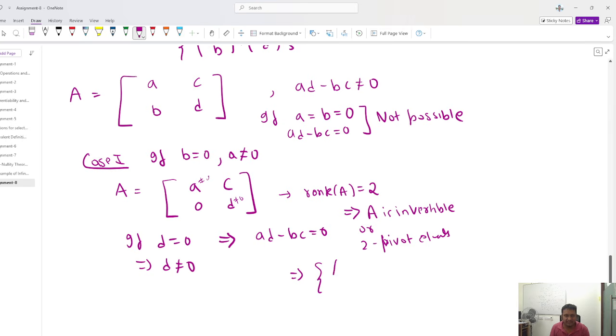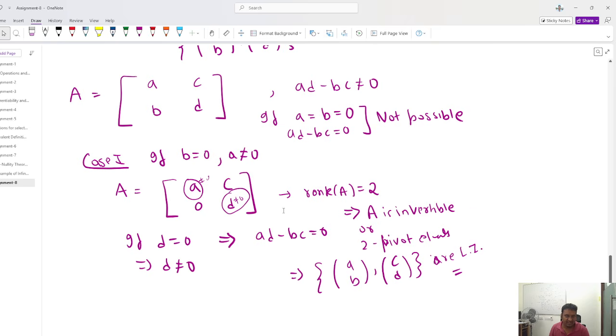I forgot, I don't have to show invertibility and all. Just because you have two pivots, (A, B) and (C, D) are linearly independent, right? So this is case one.